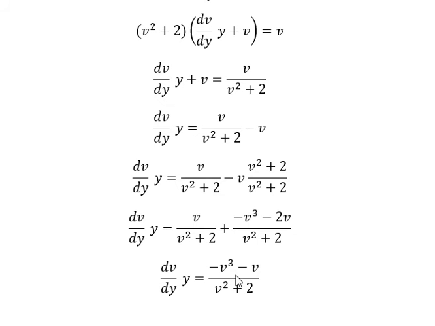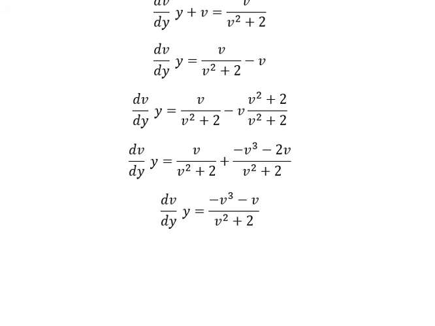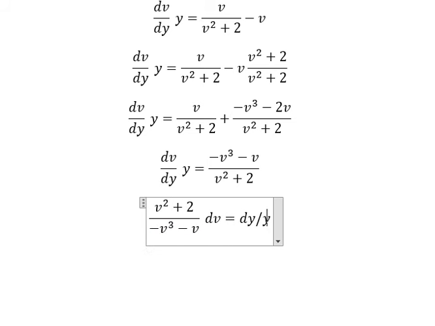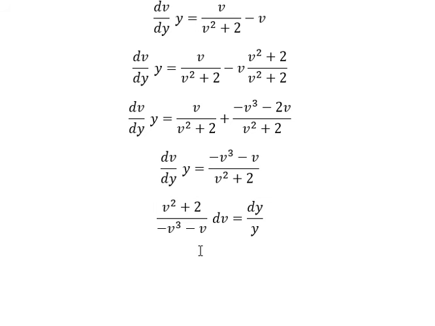Now we put this one to the left, dv, and y we put on the right. So we have v squared plus 2 over negative v to the power of 3 minus v, and we have dv equals dy over y. So we put a negative in here.